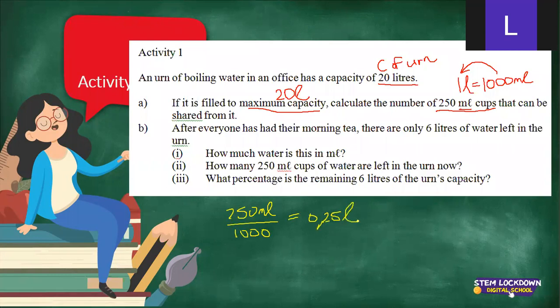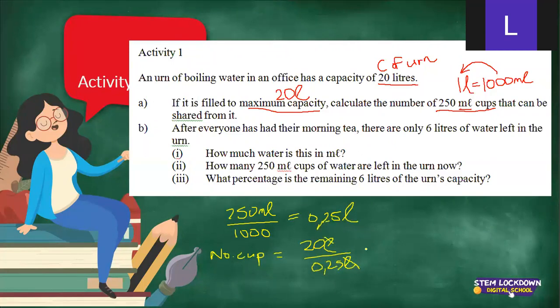All right. Then after that, let me see if you guys are correct. Number of cups. Remember, I want to know the number of cups. It will be 20 liters divided by 0.25. Just use a calculator. Remember, units must be the same. It's very, very important.